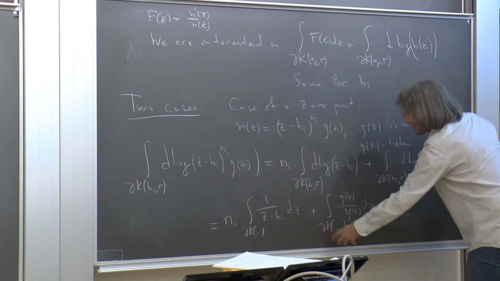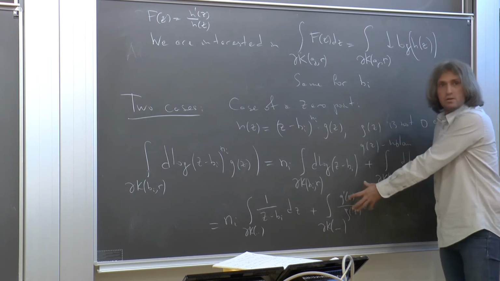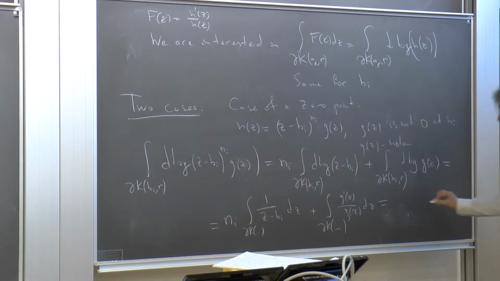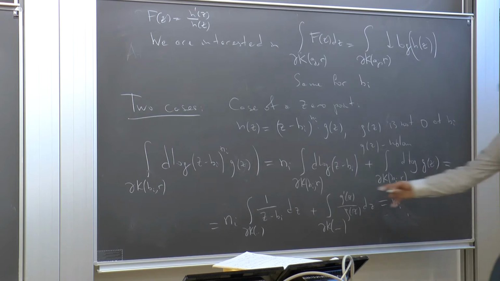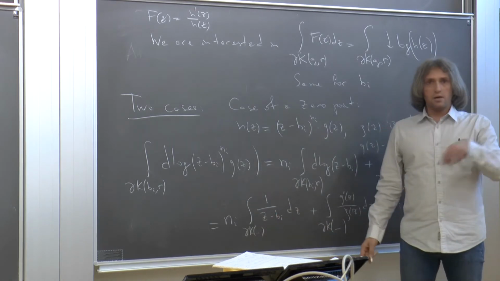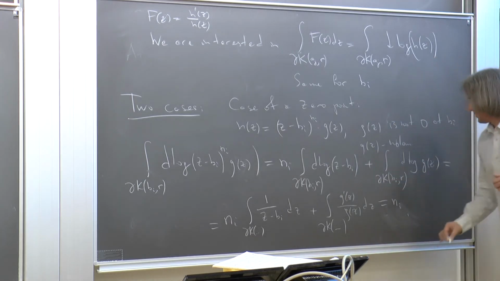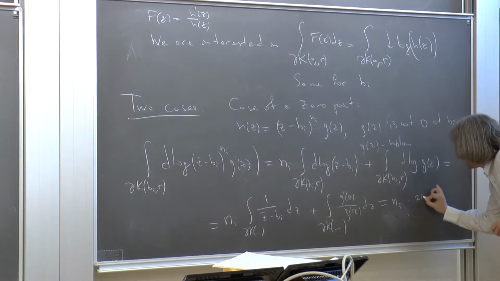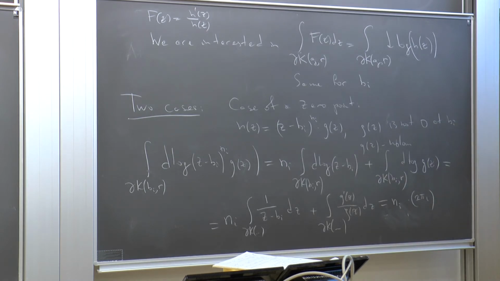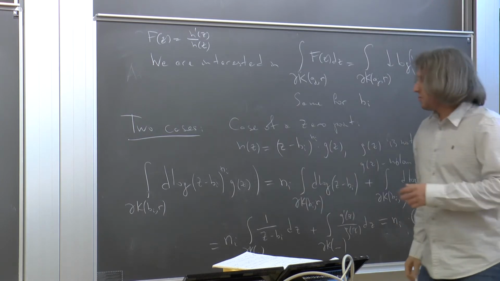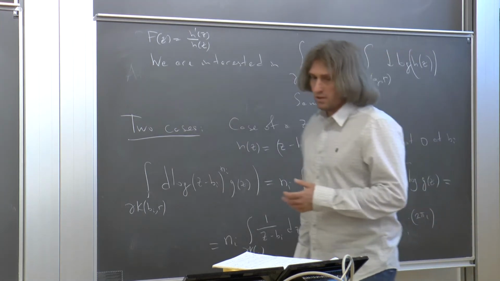Since it's a holomorphic function, and this is a contractible path, this part is 0. So we have only this, and we know what this is. We are integrating around the circle, so it's 2 pi i. So this was the case of a zero; as you see, I used just the formulas over there, but I was not talking about logarithm, it was just a short calculation.